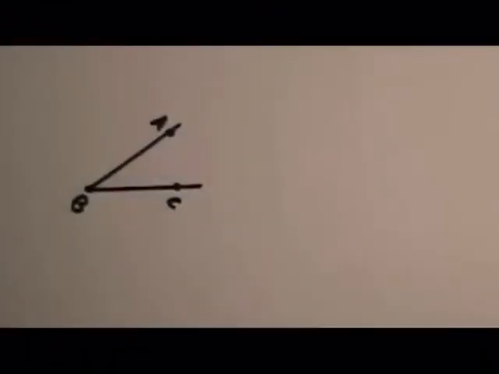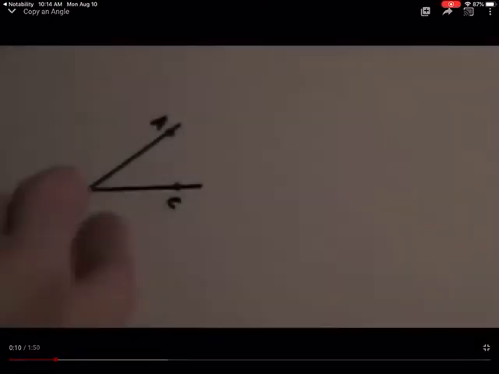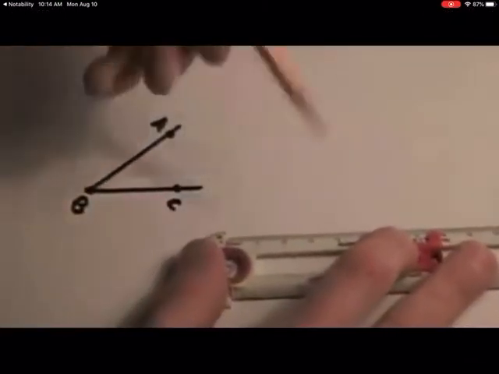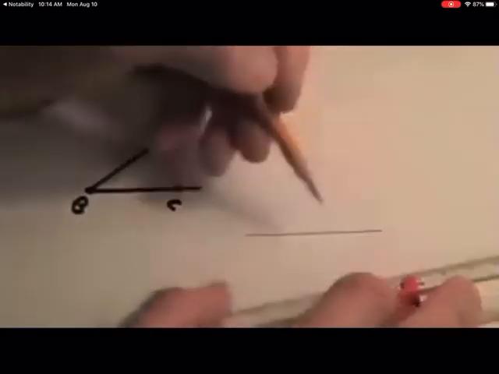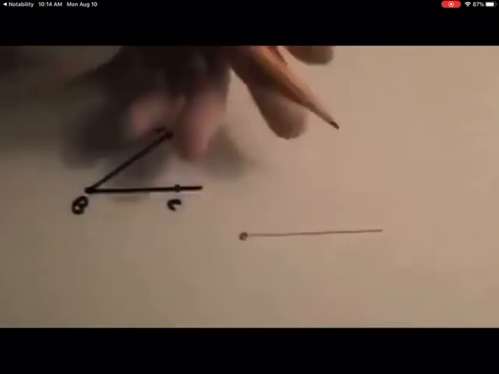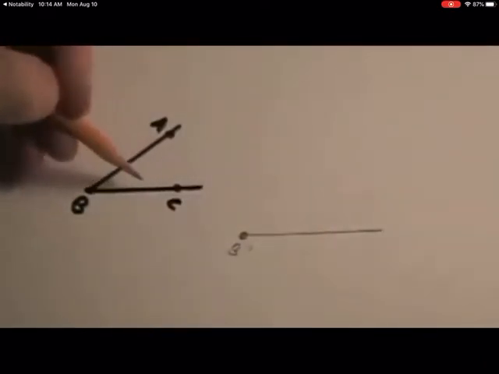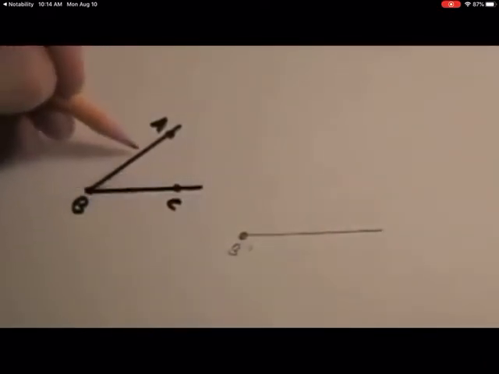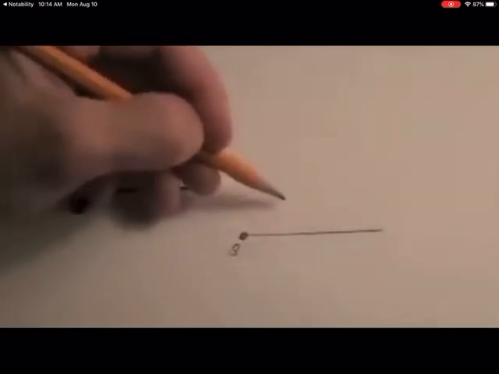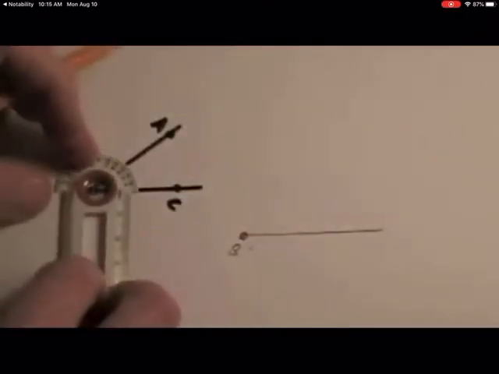This construction will show you how to copy an angle congruent to a given angle. So we've got an angle here, ABC. So for starters, I'm going to draw the base of the new angle. And the only thing I know for sure is that this is going to be B prime. So now I got to figure out how far to make this opening here so that I get the same angle. You're not going to use your protractor.